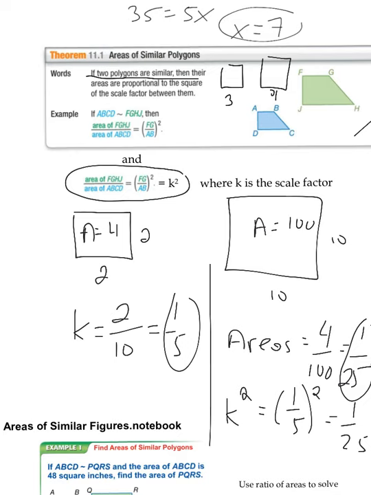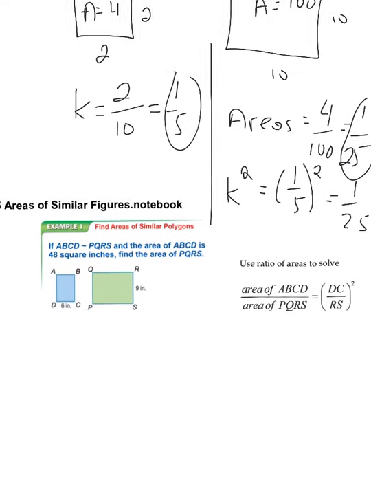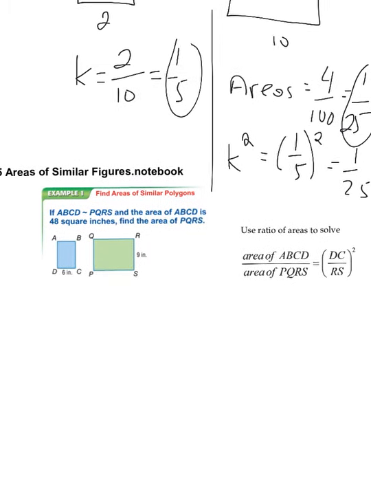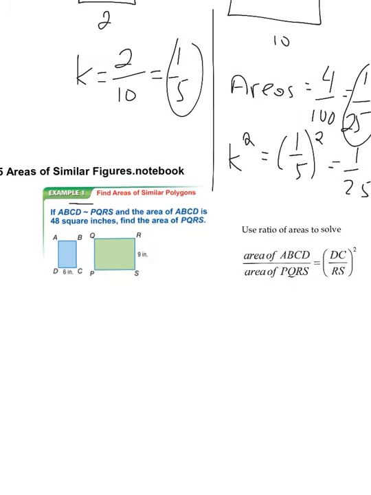So let's take a look at some examples. This is from your textbook. If quadrilateral ABCD is similar to quadrilateral PQRS, and if the area of ABCD is 48 square inches, find the area of PQRS.